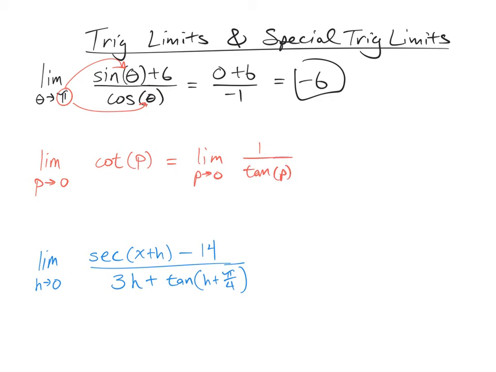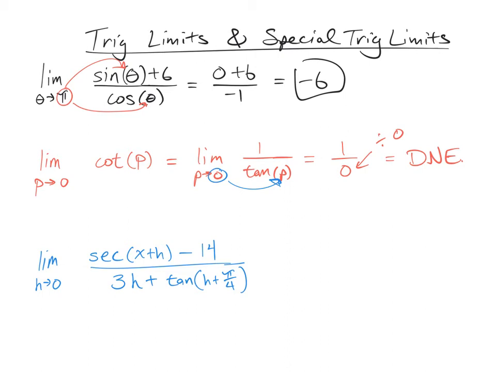I'm guessing that you will know the tangent of 0 easier than you know the cotangent of 0. So we can rewrite this, and then we can substitute this in here, and we get an answer that ends up being 1 over 0, and this doesn't make sense. This divide by 0 cannot happen, so this limit does not exist.